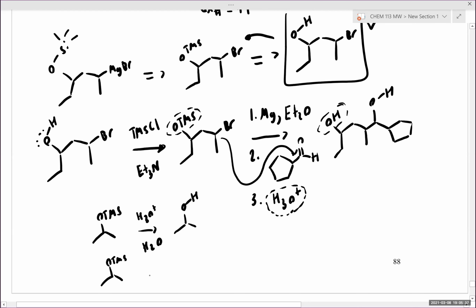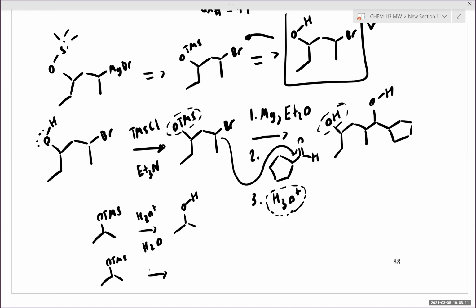what's another way to deprotect a TMS group? If our acid quench didn't do the trick, what's another way to get rid of this TMS group? That is not hydrofluoric acid, just to put a limitation for practicality. What's another way to get rid of a TMS group? What's another textbook reagent that we could use to deprotect the TMS group?